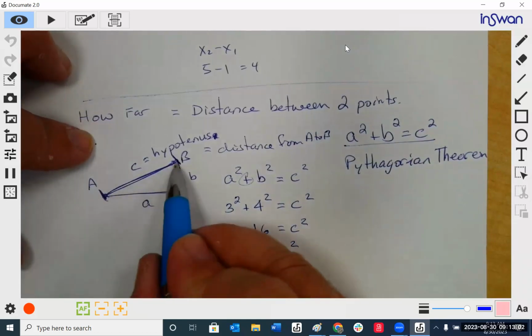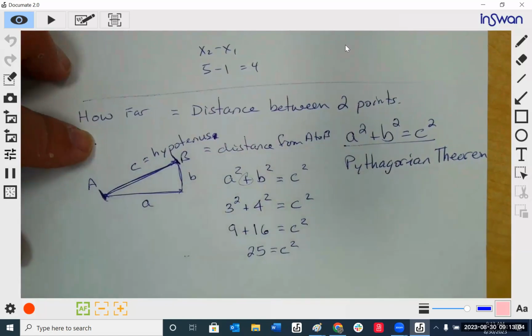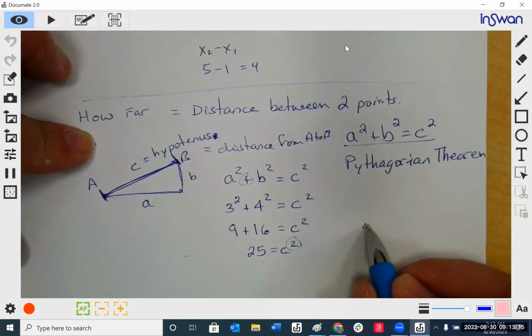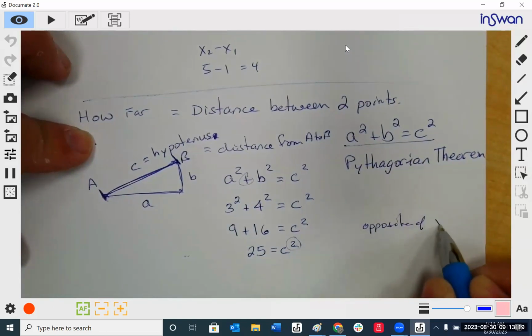So is it 25 units from A to B? No, because C is squared. C is this number here. How do we get rid of the square? Opposite of anything squared is square root.